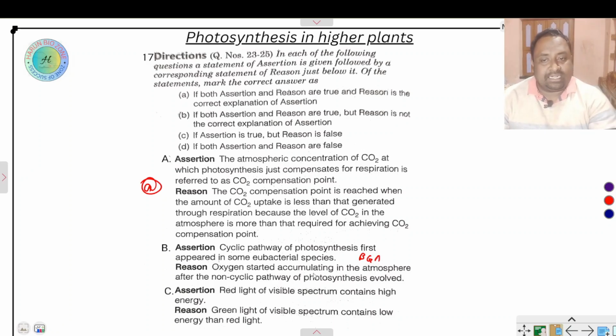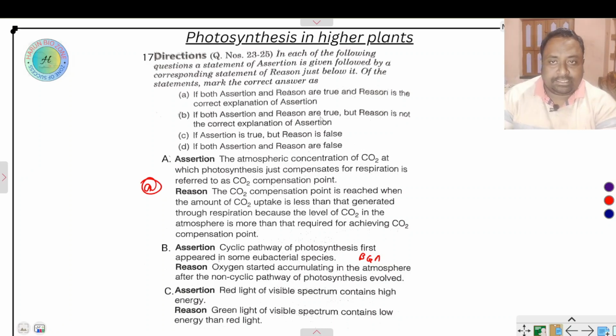Reason: oxygen started accumulating in the atmosphere after the non-cyclic pathway, because during the non-cyclic pathway the photolysis occurs in PS II. In PS II, photolysis occurs and H2O breaks down to produce oxygen, but in cyclic photophosphorylation no oxygen is produced. So oxygen accumulated in the atmosphere by the non-cyclic pathway of photosynthesis. So here both A and B options are correct.